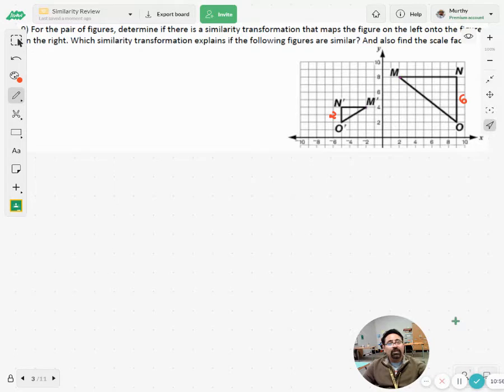Then N prime M prime, 1, 2, 3 units here. So let me take 3 here and here. 1, 2, 3, 4, 5, 6, 7. It is 7.